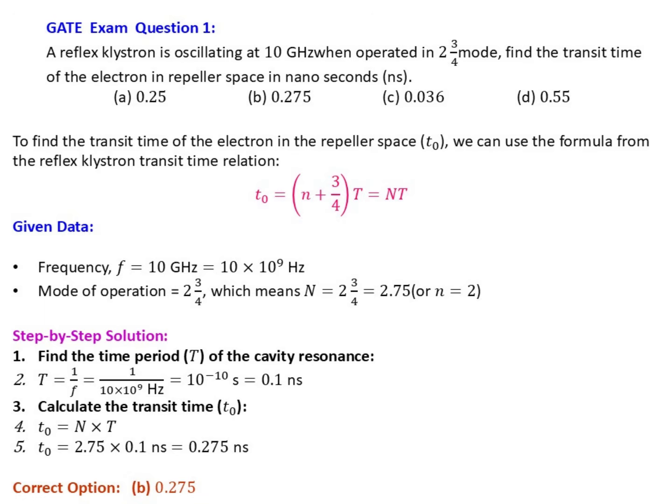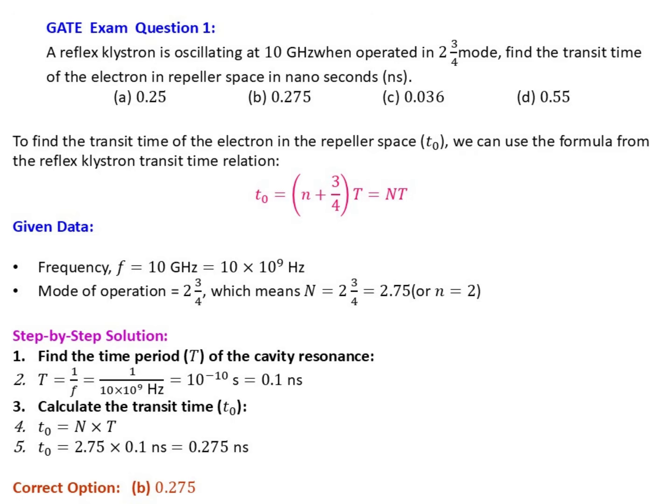Now let us apply the transit time concept to a GATE examination problem. The problem gives the oscillation frequency and the mode of operation. We are asked to determine the transit time of electrons in the repeller space. The first step is to find the RF time period from the given frequency. You need not read the equation symbol by symbol. Simply say, the time period is the reciprocal of the operating frequency.